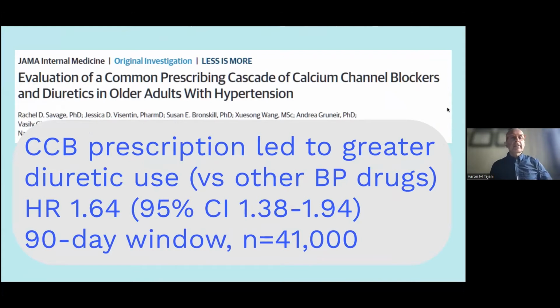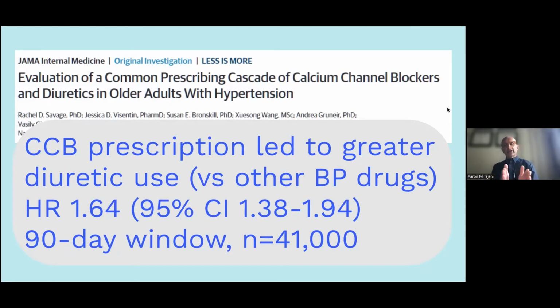This paper, entitled Evaluation of a Common Prescribing Cascade of Calcium Channel Blockers and Diuretics in Older Adults with Hypertension, found that calcium channel blocker prescriptions led to greater use of diuretics when compared to other blood pressure drugs like ramipril or the angiotensin receptor blockers, with a hazard ratio of 1.64.